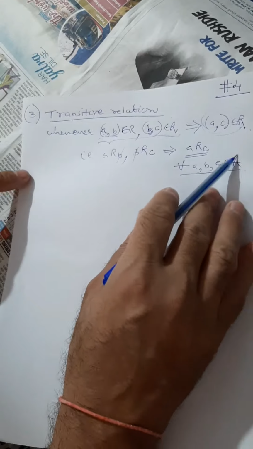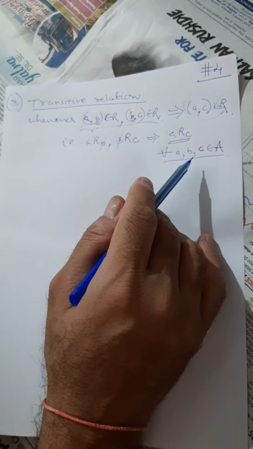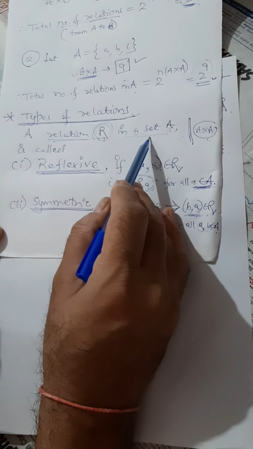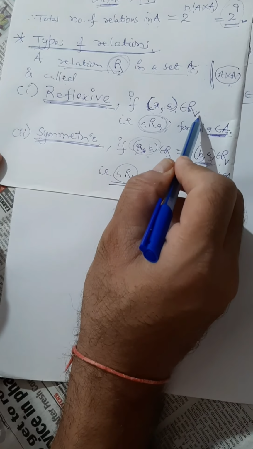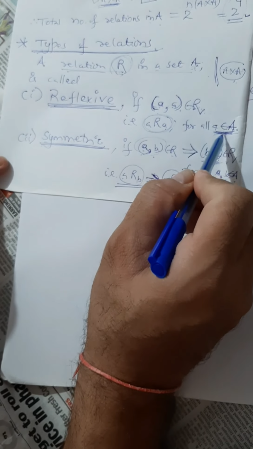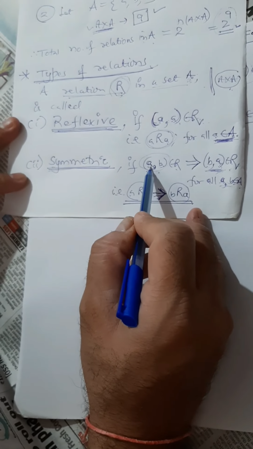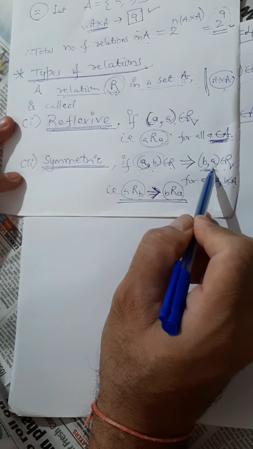So these are the three properties. The one we did, that is reflexive relation here. A relation R in a set A is called reflexive if A comma A is a member of the relation set R for every member of the set. It is called symmetric if whenever an ordered pair is present, then its reverse must be present.